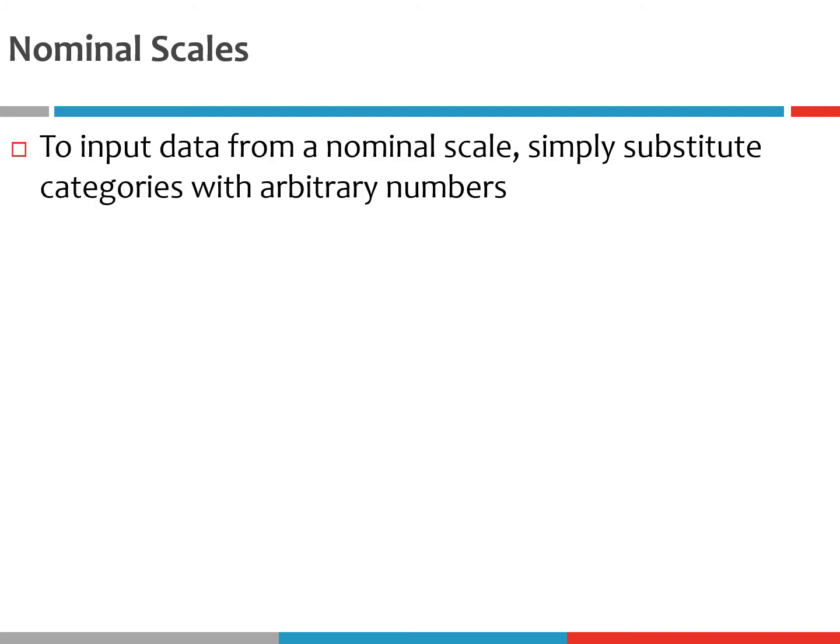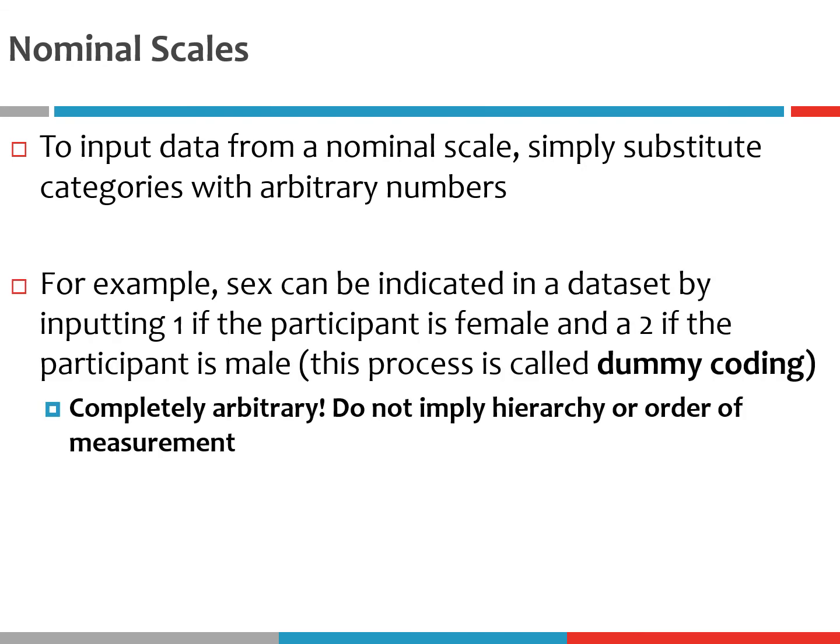Okay, so how do we input data from a nominal scale? If we want to enter categories into a data set, we would simply substitute our category labels with arbitrary numbers, right? So for example, if we were looking at sex, that could be indicated in a data set by inputting 1 if the participant is female and 2 if the participant is male, right?